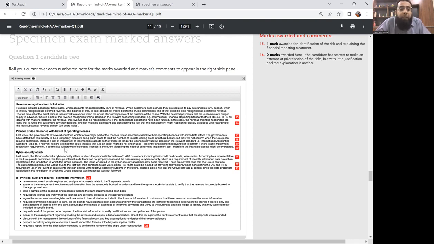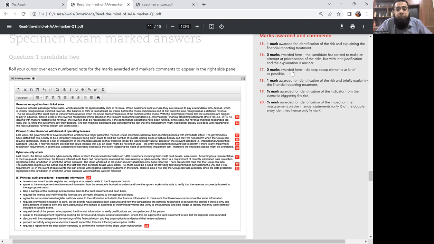It seems like withdrawal of the operating license is the event triggering the need for impairment. Therefore, the assets might be overstated. So he has identified the risk of impairment. He has explained it, and he has explained the partial impact on FS, that assets might be overstated. But still, he is wasting a lot of time in repeating the question.